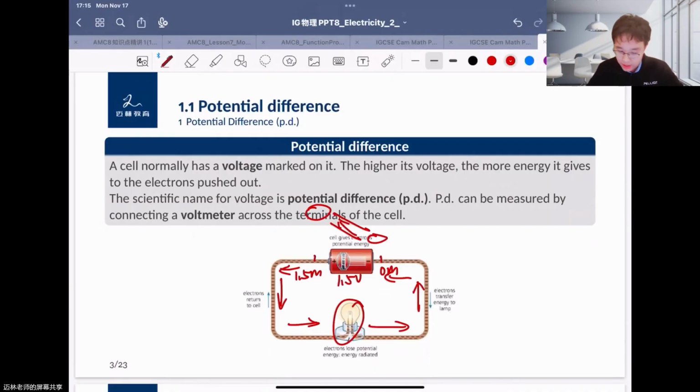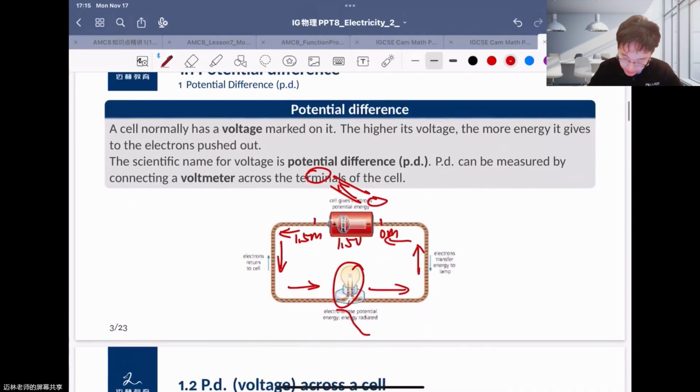Here the river is full of water, and here is a big stone in it. So here it just consumes energy: it's 1.5 meters before the lamp, and after the lamp it goes to 0 meters. The potential difference means that it takes in some voltage, or some electrical energy.